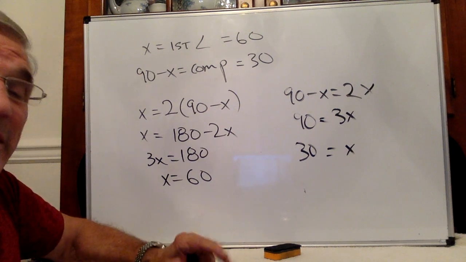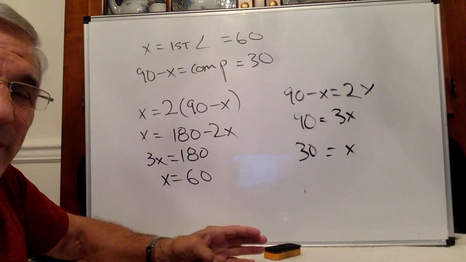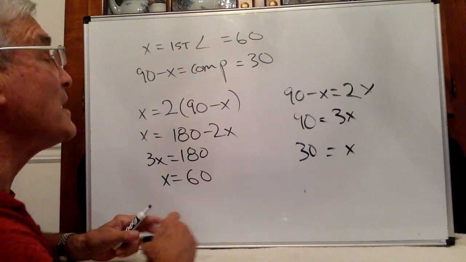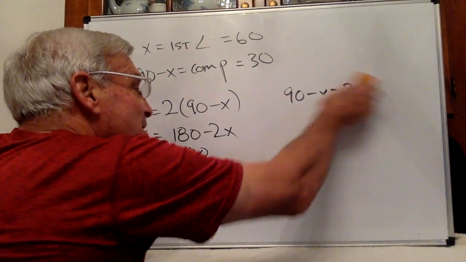Again, you could have done it in two variables. It makes it a little bit more complicated because you have to use simultaneous equations. Let me actually show you it that way.